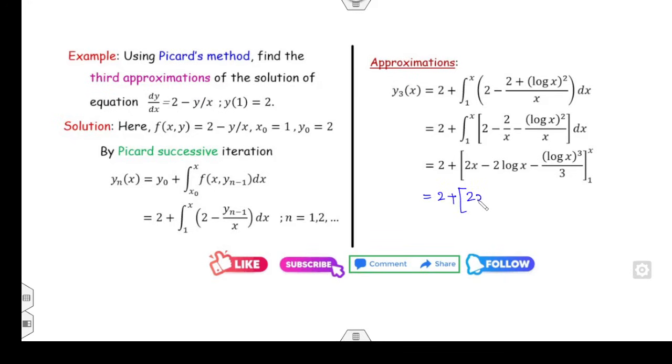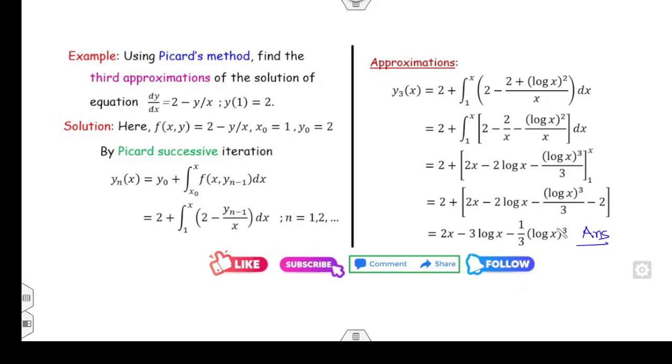If you substitute the upper limit, it is 2x minus 2 log x minus log x cube divided by 3, minus, if you substitute 1, it's twice log 1, which will be 0, and log 1 will be 0, and that 2 and that 2 will be cancelled out. So your answer up to the third approximation is the required answer.